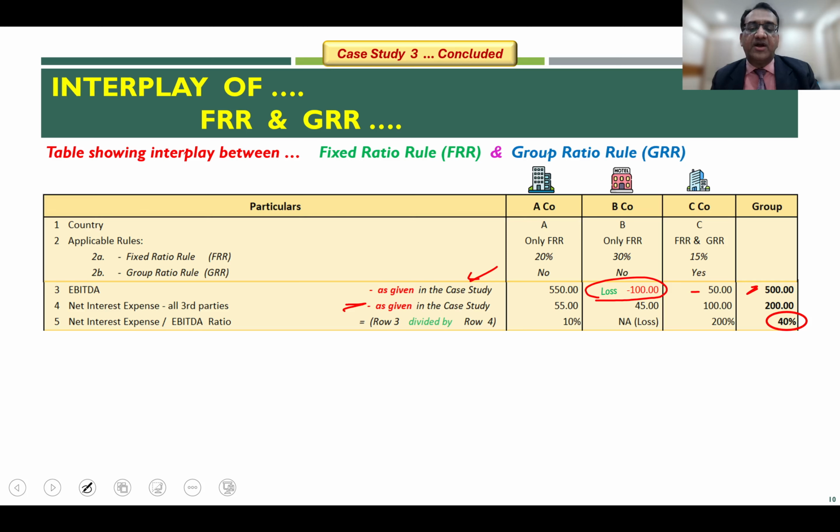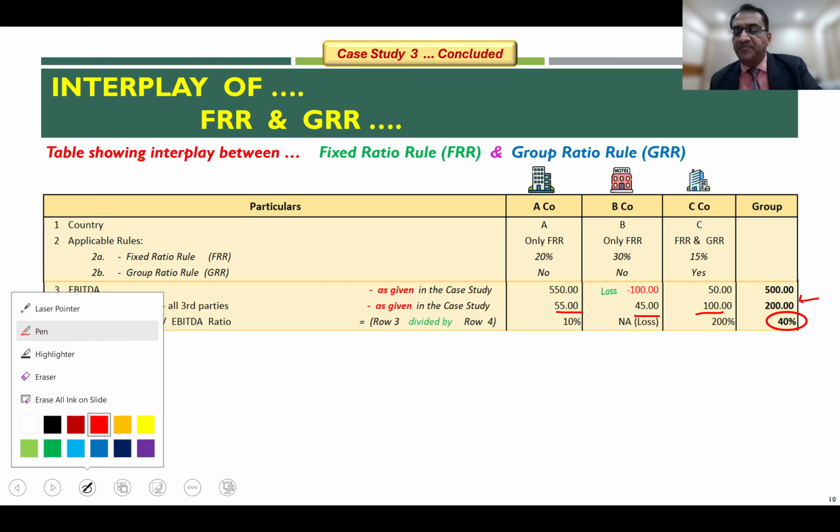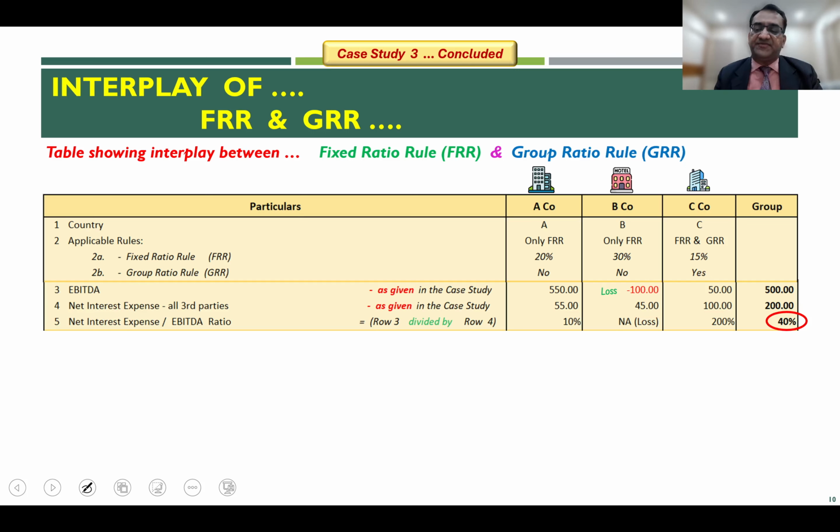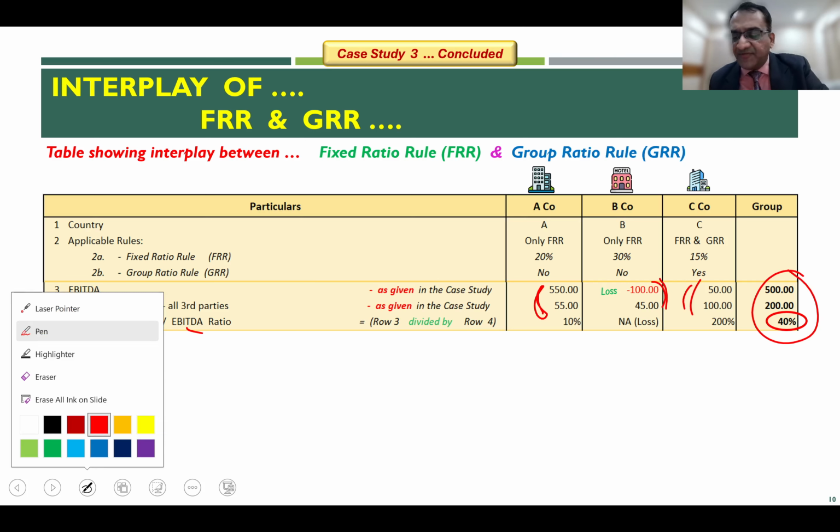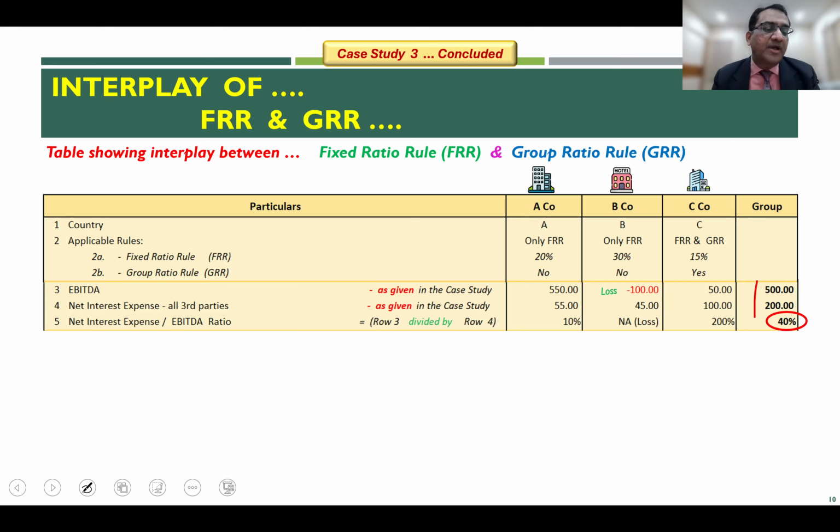Interest expense has also been given in the case study. How much is the amount? 55, 45, 100, aggregating to 200. So, from a group perspective, what is the net interest expense to EBITDA? Let us first look at it from the group perspective. The group has incurred 200 of interest expense on overall EBITDA of 500.